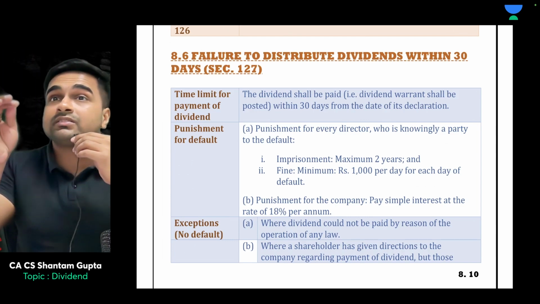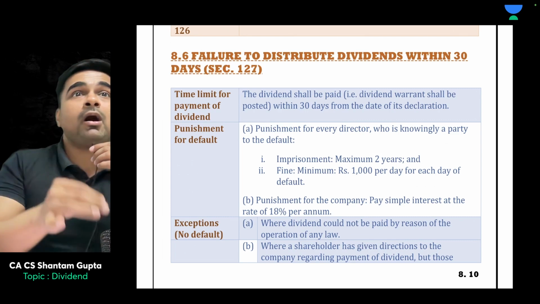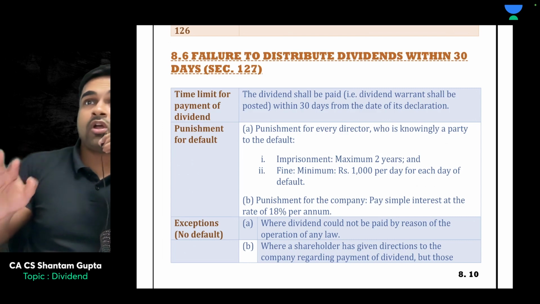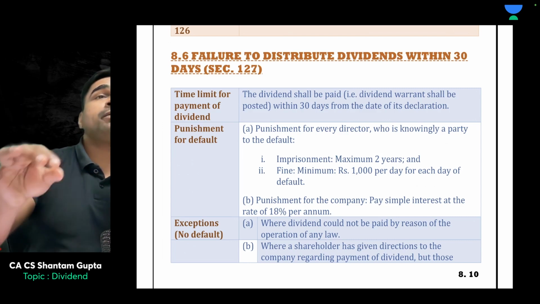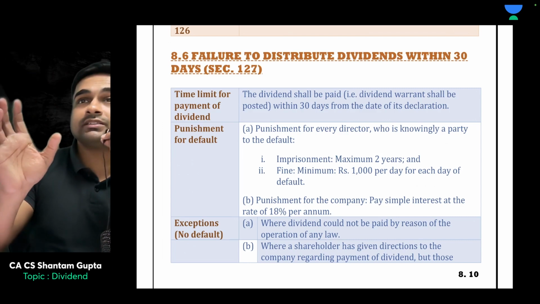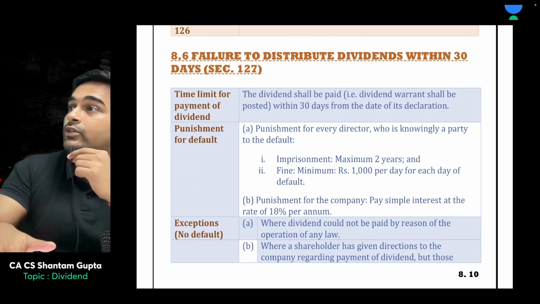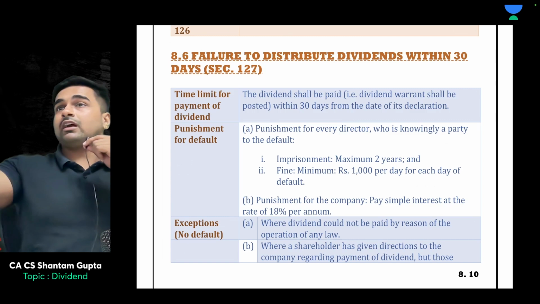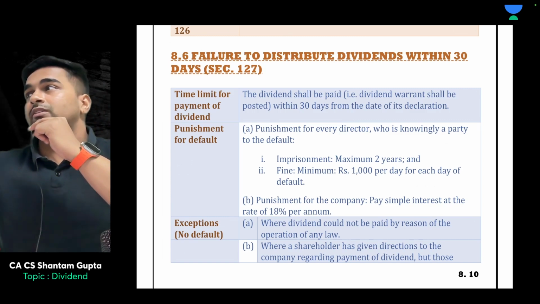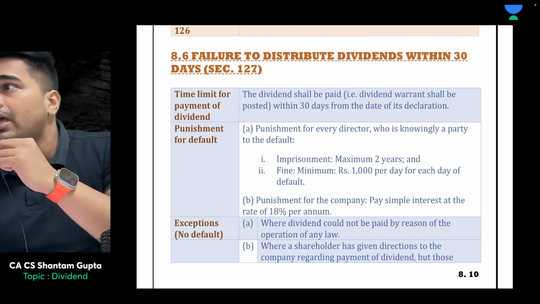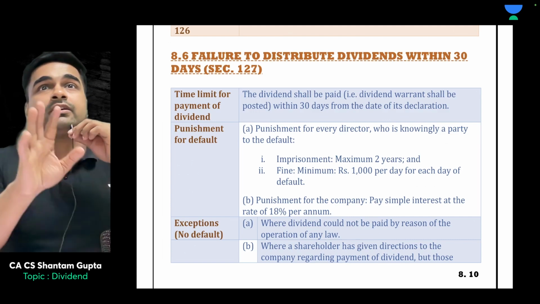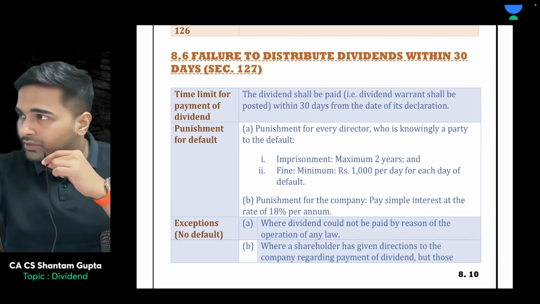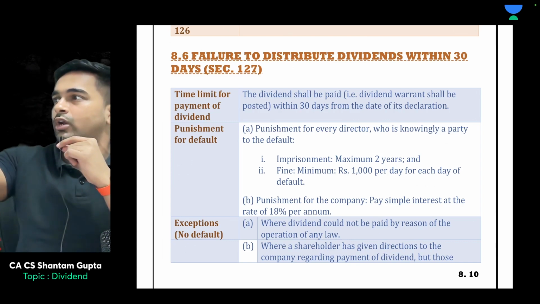Suppose this amount is not deposited in 5 days, or the payment is not made in 30 days, then this section 127 is coming. If no payment, guys, understand there is a difference between two things. Unclaimed and unpaid is different. Unclaimed is I put money into that account, you didn't come to take your payment.